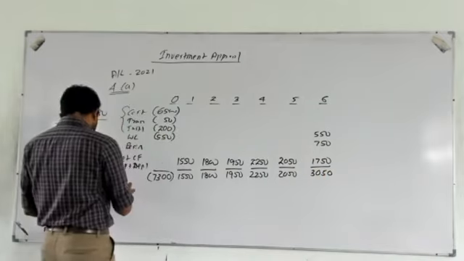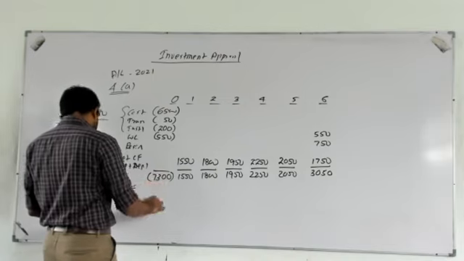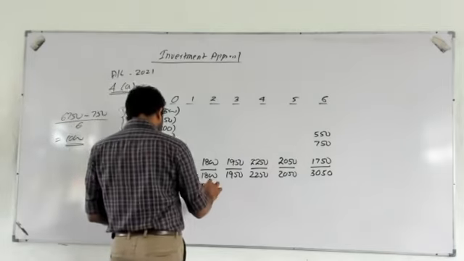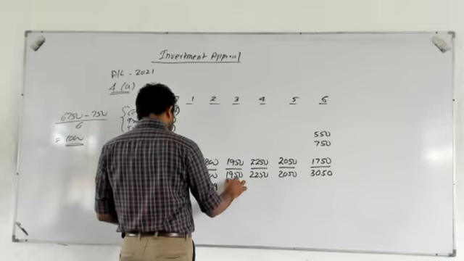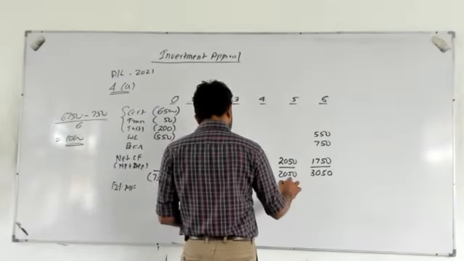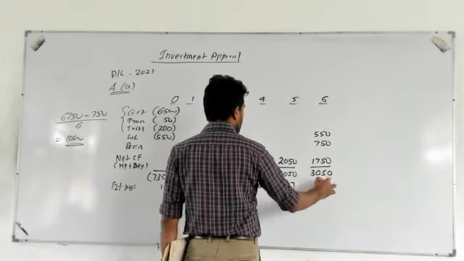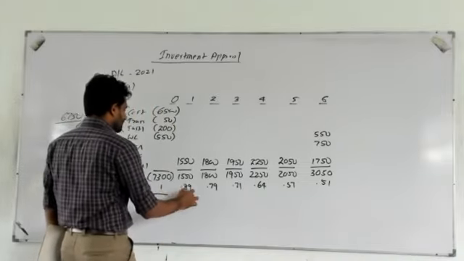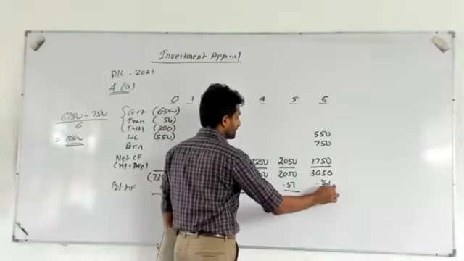This is the 12% discount factor. At year 0 it's 1, 0.89, 0.79, 0.71, 0.64, 0.57, 0.51. Right? Multiply and take the answer.